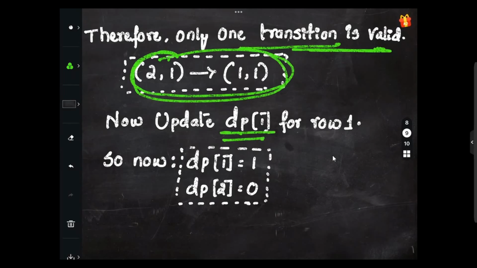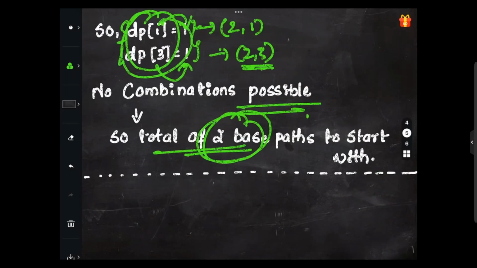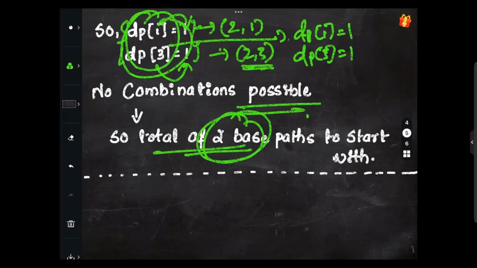Now we will update the dp of 1 for row 1. Since from 2 comma 1 we had dp of 1 equals 1, that one way flows into 1 comma 1. If you remember, here we have dp of 1 equals 1 and also dp of 3 equals 1.